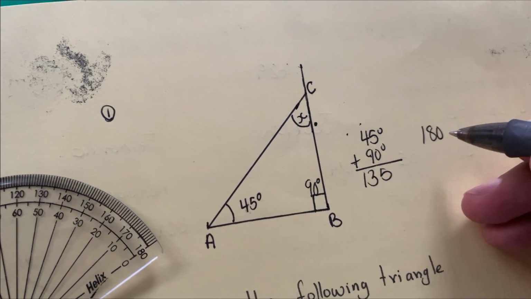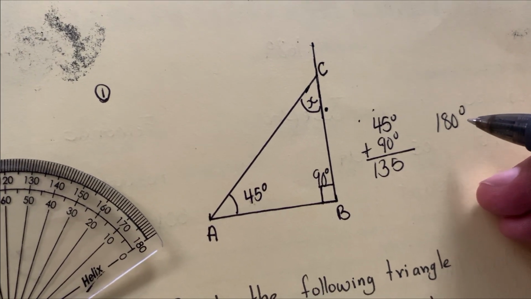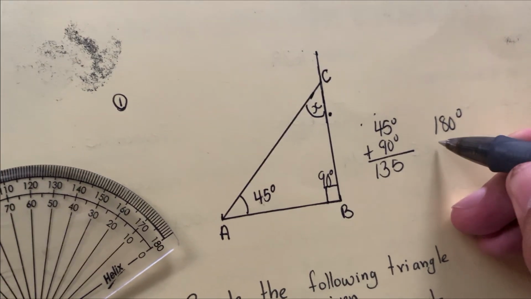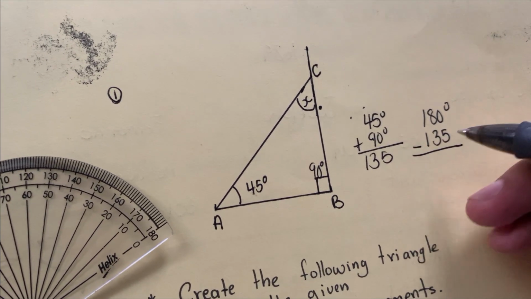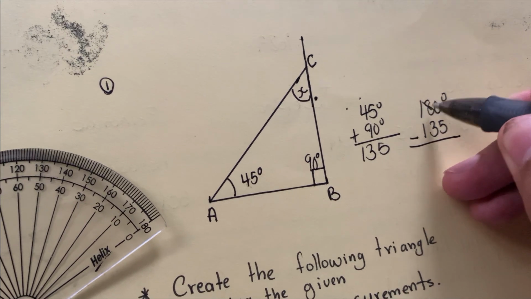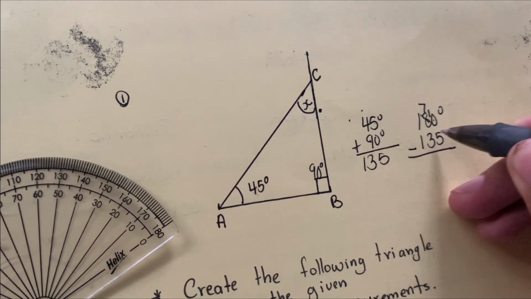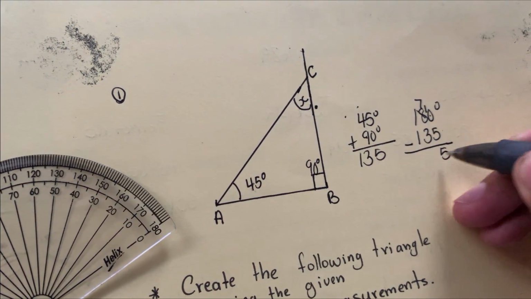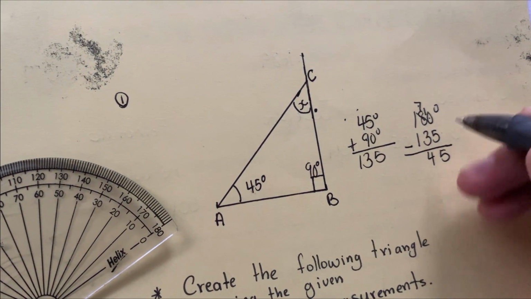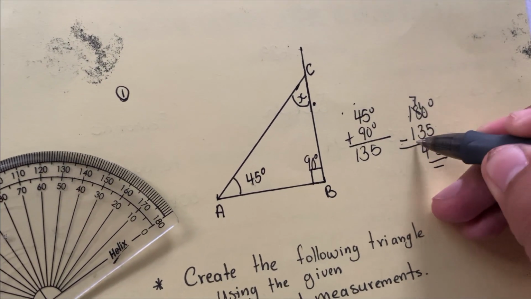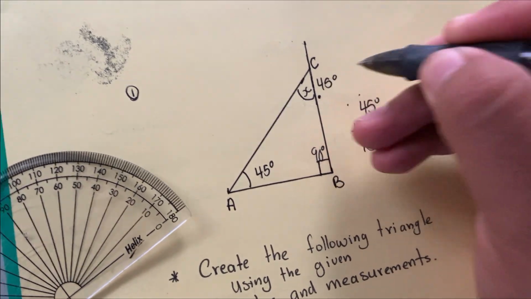Then there's the magic number 180 degrees, because in all triangles the interior angles add up to 180. So you subtract the 135 from 180. 0 take away 5, cannot, you must borrow. 10 take away 5 equals 5, 7 take away 3 equals 4, and 1 take away 1 equals 0. So this angle is supposed to equal 45 degrees.